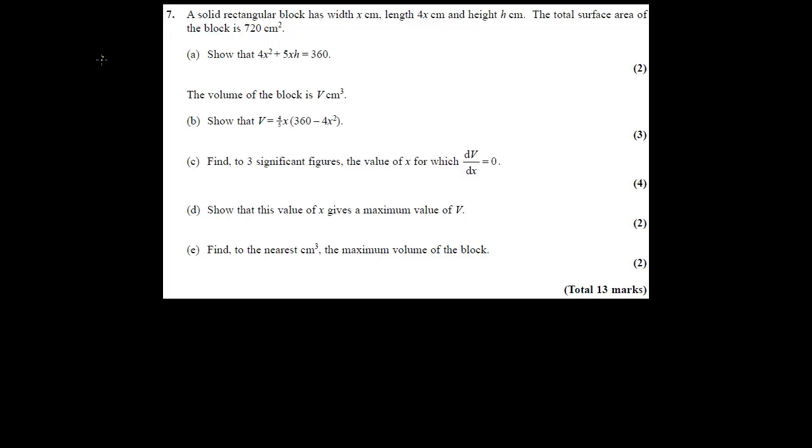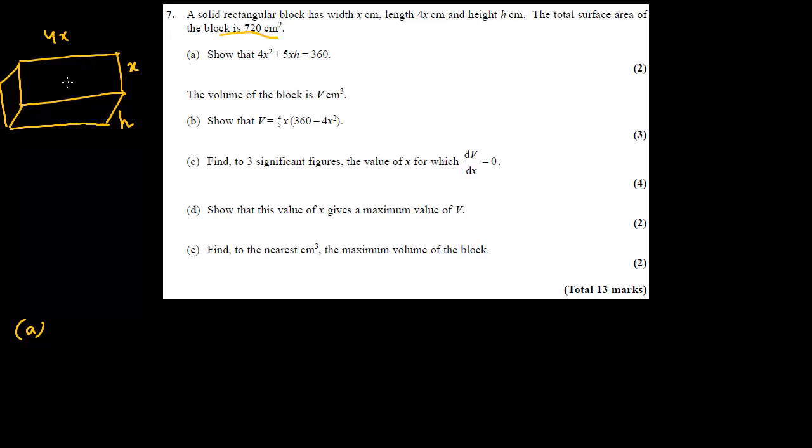So if you have a box like this, rectangular box, so something like this, it has, this is the width, so suppose this is x, and this is the length 4x, and this is the height, and the height is not in terms of x, it's h. So question number A says that, and we have also another information, the total surface area is 720 centimeters squared.